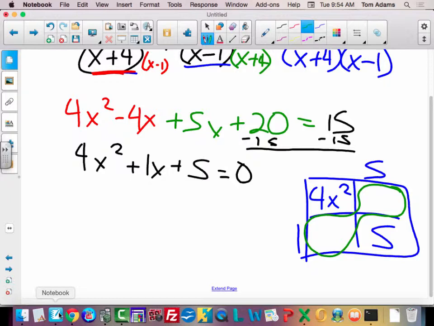I'm not sure how that's going to work. You have to have negative 4 and negative 1. But it has to be a positive 1 though.